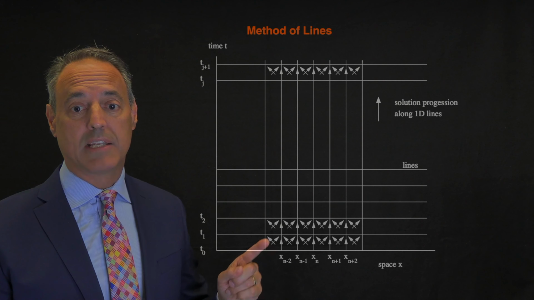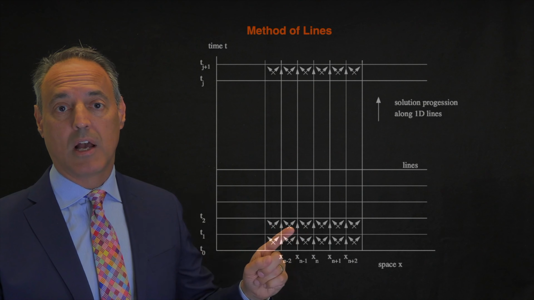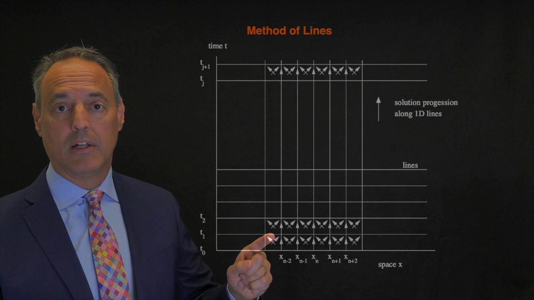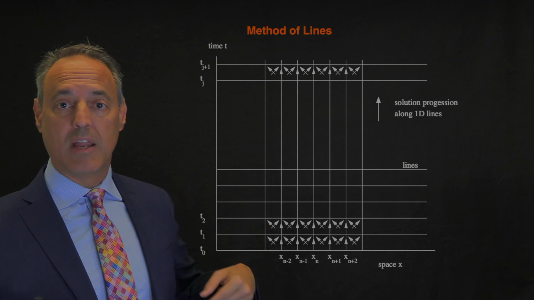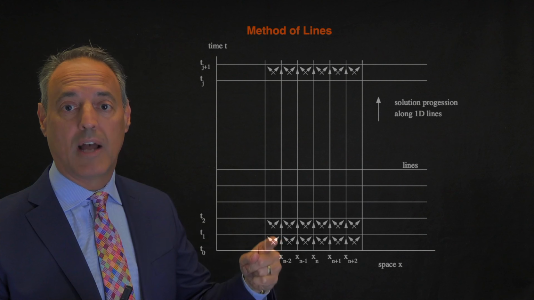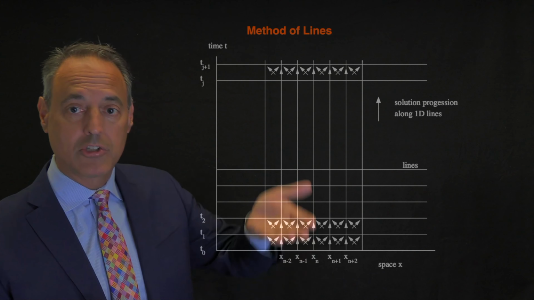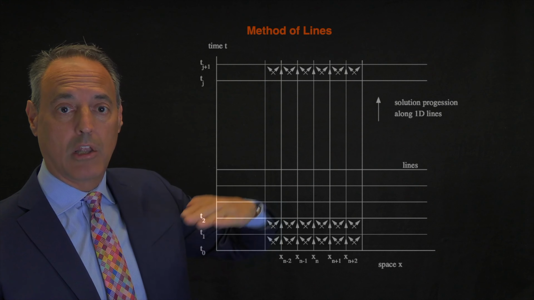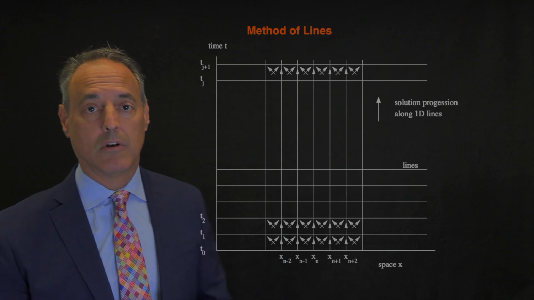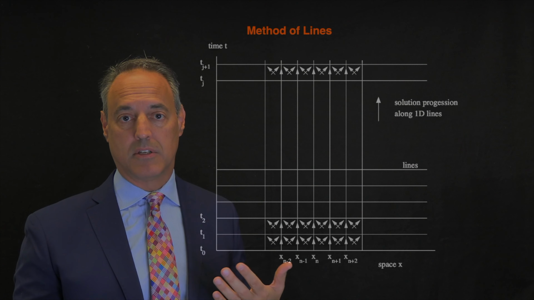So as I update to the next line of solutions, which is T1, I'm using at each point the previous history of neighbors, of two neighbors plus the point itself. To get T1, I advance it again to the next line, and so forth. So I march the solution forward in time along these different timelines. Okay? So time is discretized, space is discretized.